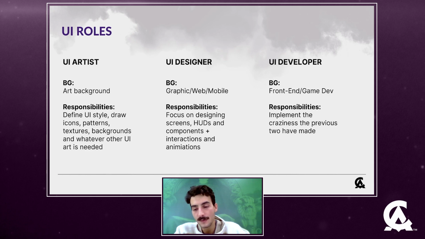Now, keep in mind that there are many, many other roles that revolve around UI and UX, and different studios might have different terms for them, but this is kind of like the general three verticals that covers what usually goes into designing a user interface.